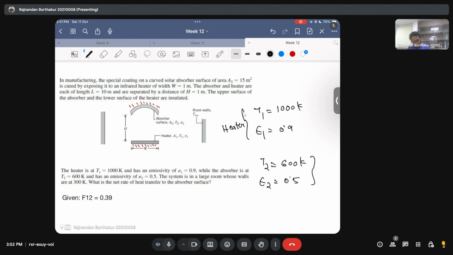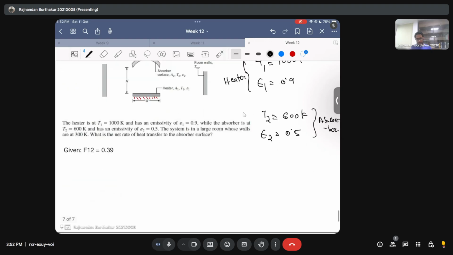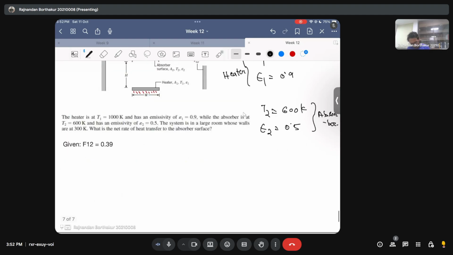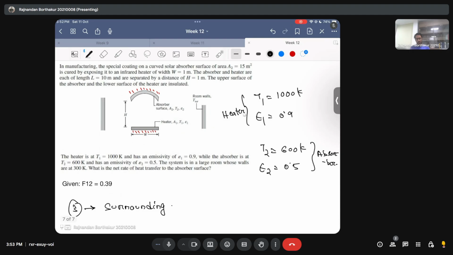This is for the absorber. Which means that the third body that we'll consider is going to be my surrounding, and we'll call this the surrounding, which is my third body.